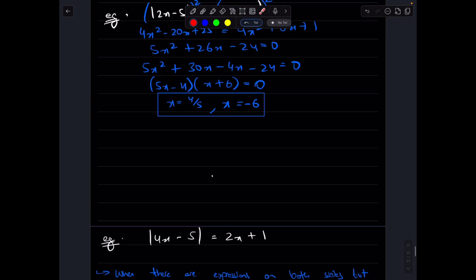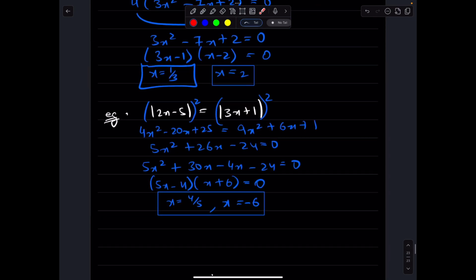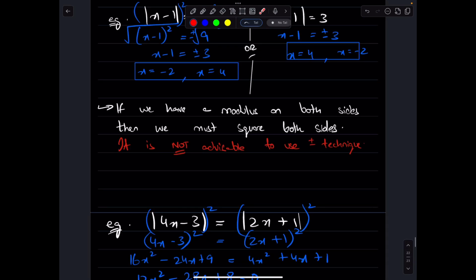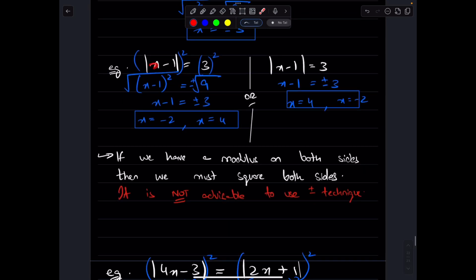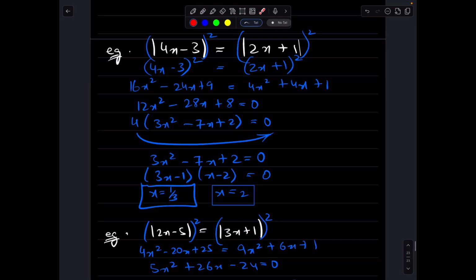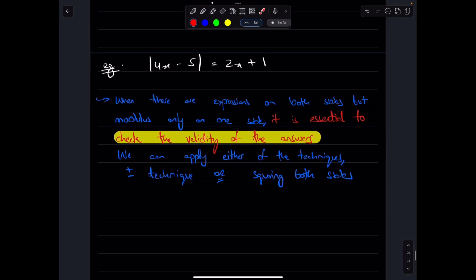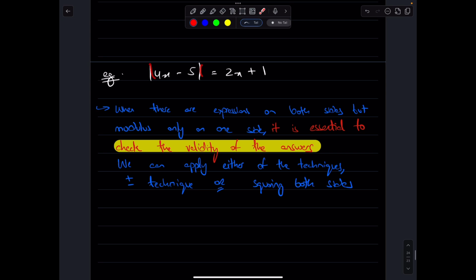Like for example, in this case, we had modulus on both sides, so we don't need to check the value. In this case, we only had one expression on one side, and that side also had modulus, so we don't need to check the validity of it. But in this case, we have expressions on both sides and modulus only on one. We need to check the validity of it.